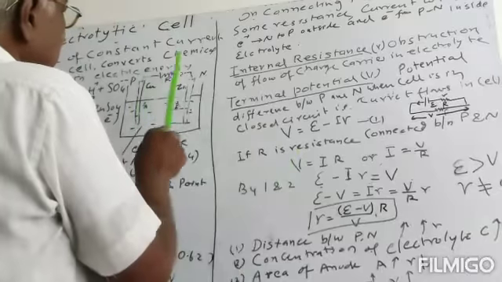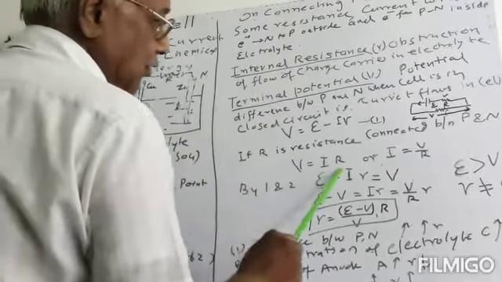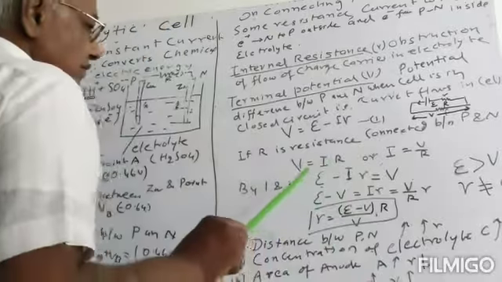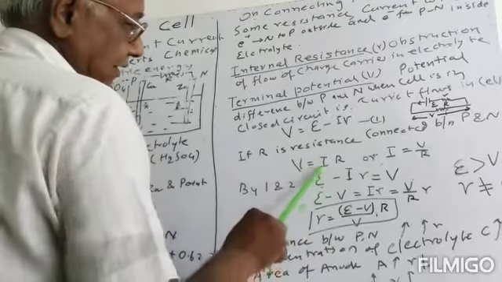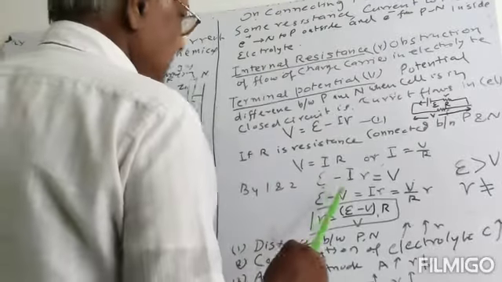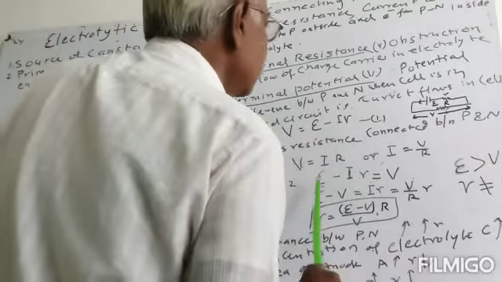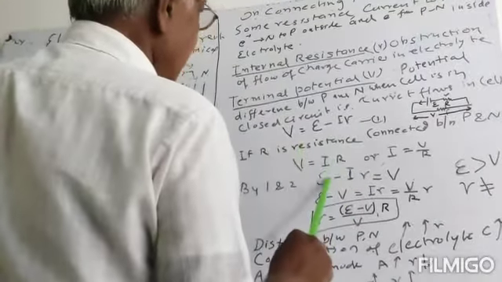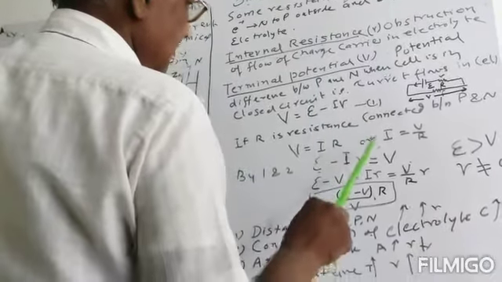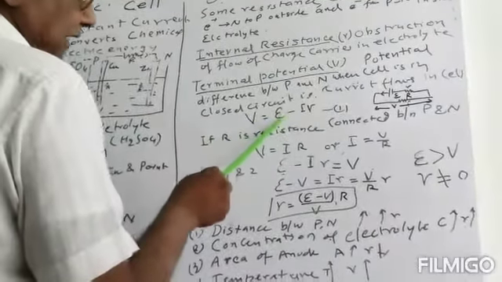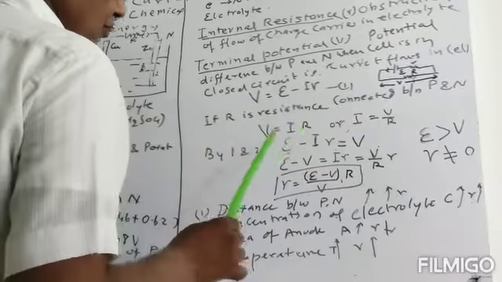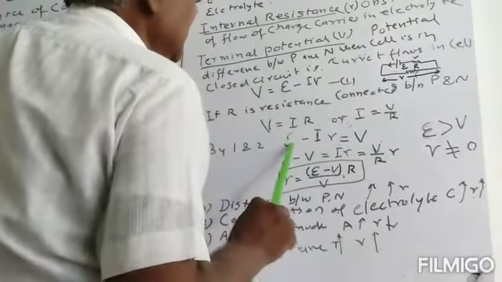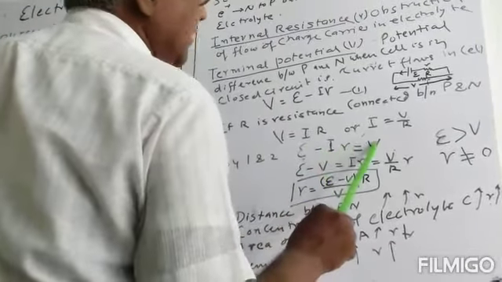So the potential difference between P and N will be equal to I into R. So we can write V is equal to E minus I r, and V is equal to I R. So we can write epsilon minus I into r is equal to V.